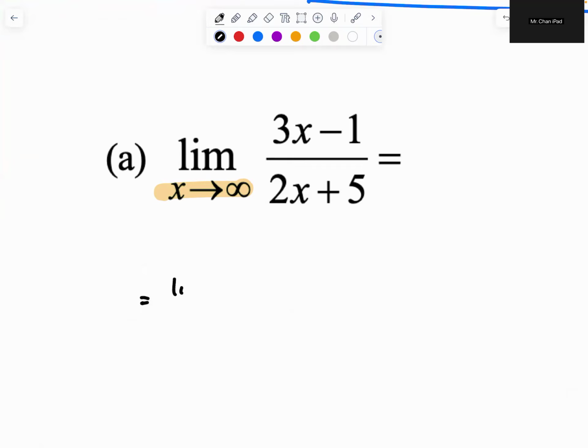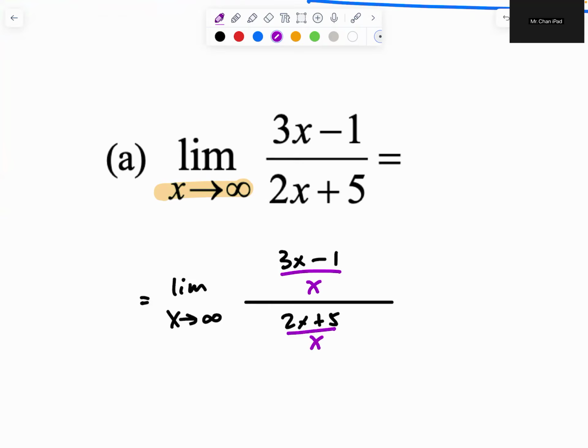Because you will end up with infinity over infinity, which is the so-called indeterminate form. So we say, let's divide by the greatest power. And there is an asterisk when I say divide by the greatest power. I will tell you what the asterisk is for later on.